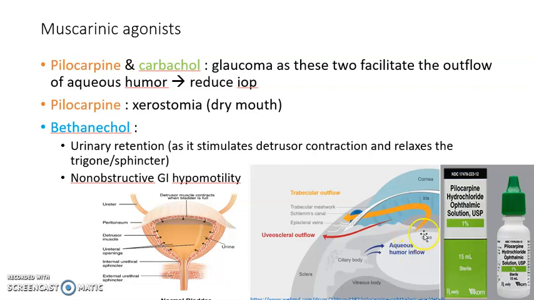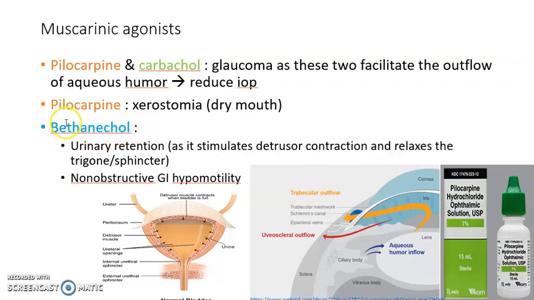If it's increased, we sometimes need to reduce it. One of the ways is by giving pilocarpine, and you can also use carbachol, to facilitate the outflow of the aqueous humor, and hopefully that will reduce intraocular pressure.